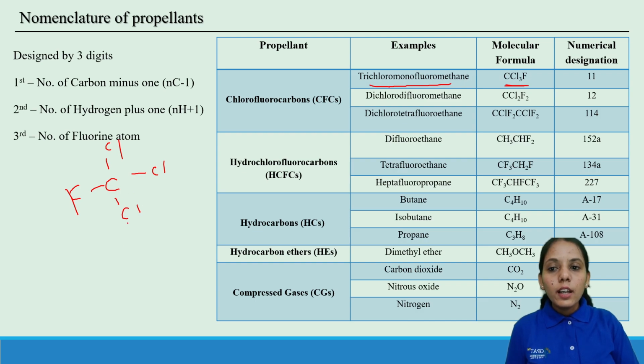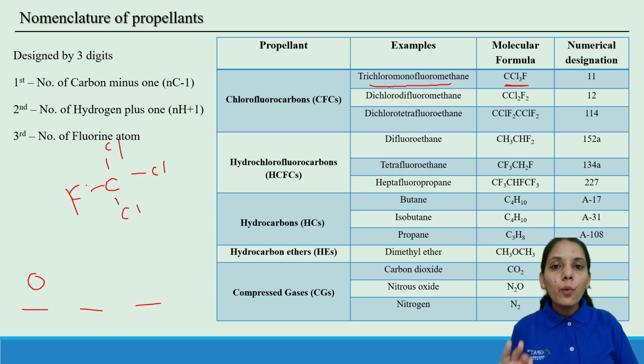Now you have to represent it by 3 digits. According to our rule, number of carbon minus 1. How many carbon atoms are present? 1 carbon, so 1 minus 1 will be 0. Second is number of hydrogen plus 1. How many hydrogens are present?